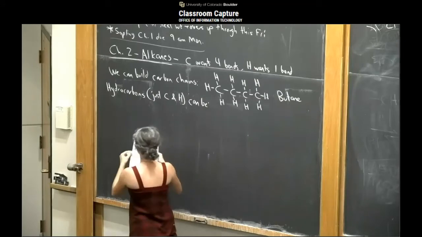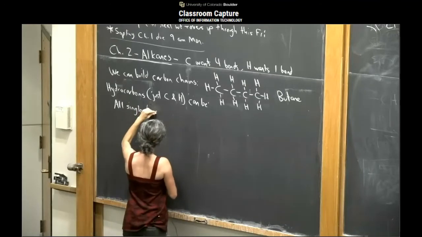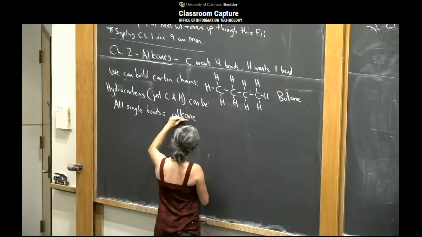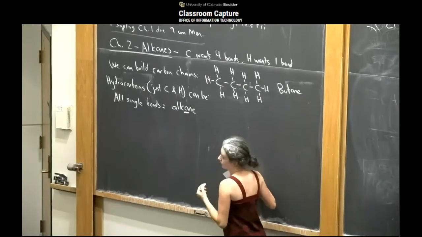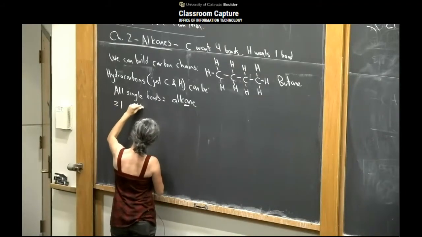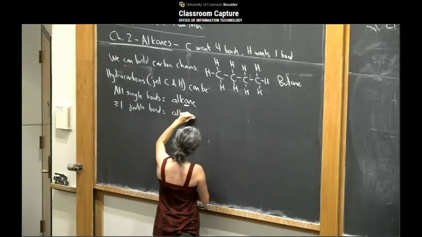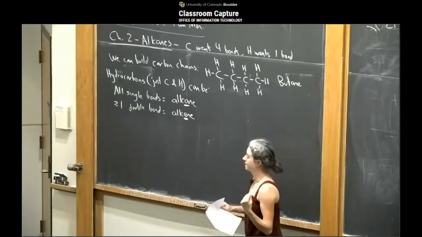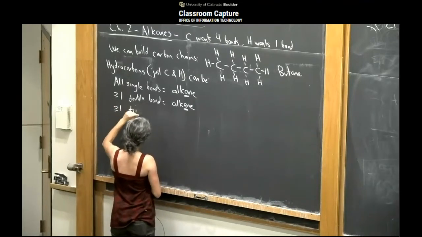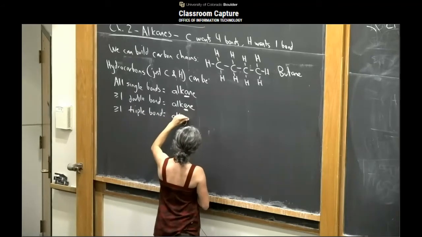So they can be either all single bonds, which is going to be called an alkane, or they can have at least one double bond, which is an alkene with an E there. There's only one letter difference between them. Or we can have at least one triple bond, which is an alkyne with a Y.